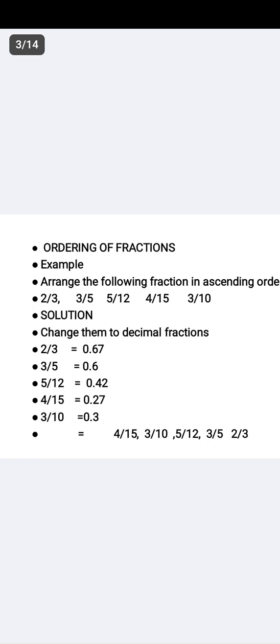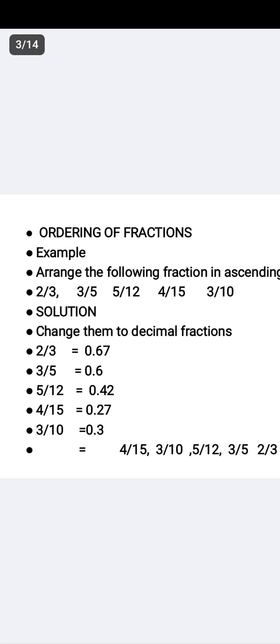The simplest way of resolving this question is to change all the fractions to decimal fractions. Yes, if you are using a calculator, change all of them to decimal fractions. That is one of the simplest ways.